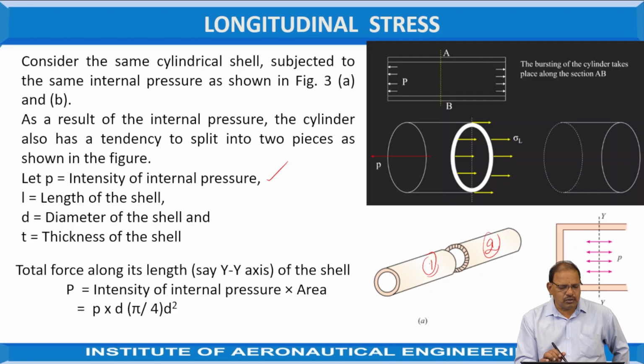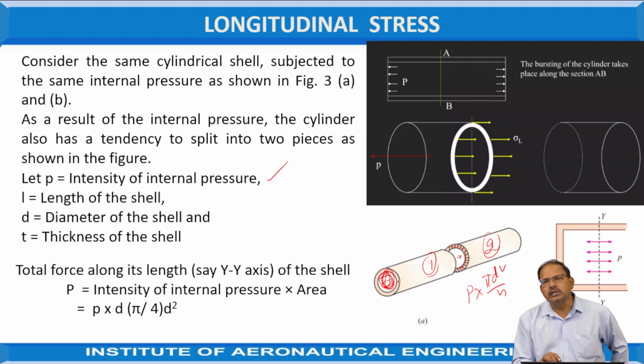The total force along the length of the shell is given by the fluid pressure P, but the area is the entire cross section of the cylinder, which is pi D square by 4. This is the force that is acting along the axial or longitudinal direction.